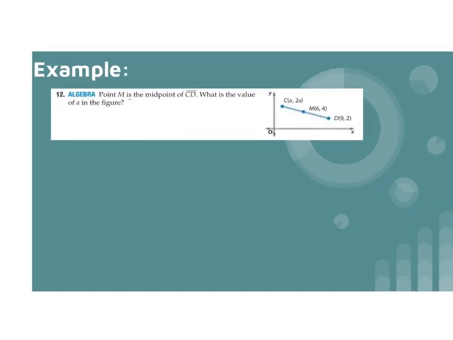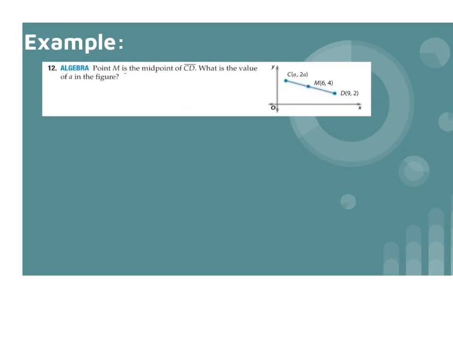Let's do one more example here. This time we're going to be using algebra. Point M is the midpoint of line segment CD. What is the value of A in the figure? So you see here, we're looking for A, which is part of the coordinate for point C. We know the midpoint, and we know point D, but we need to find the coordinate for C so that we can find the value of A. So again, we have our formula.